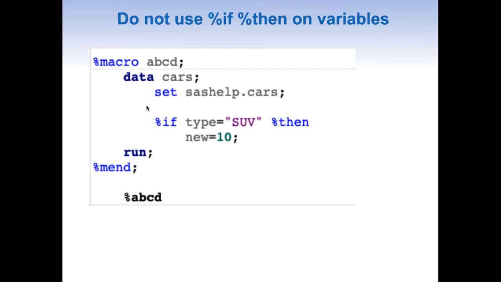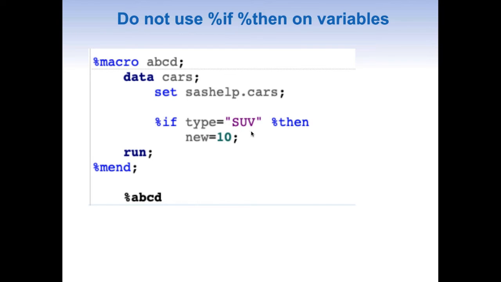What actually happens here is when we execute this code, this percent if percent then statement gets executed first. So in this percent if type equal to SUV percent then new equal to 10, the type will be treated as a text.